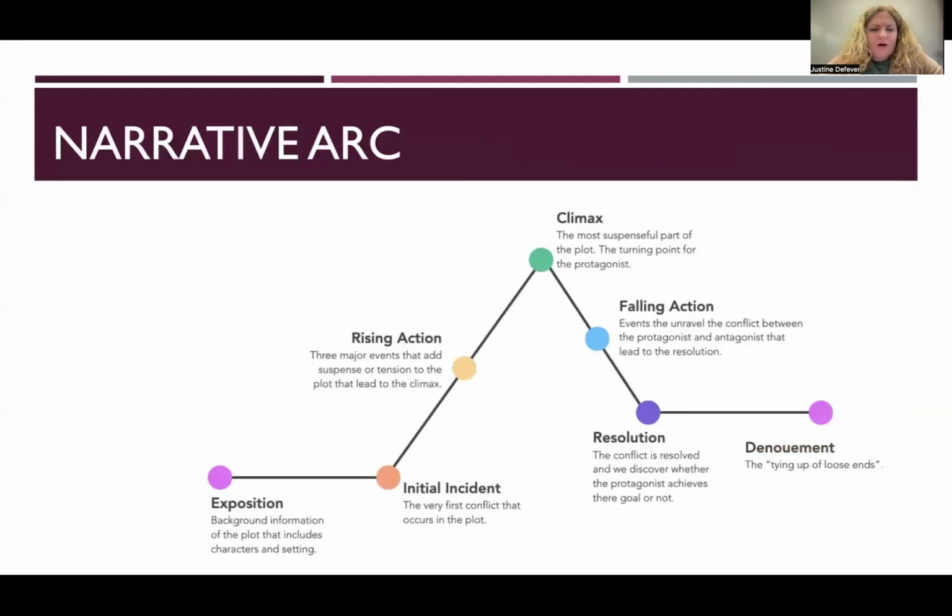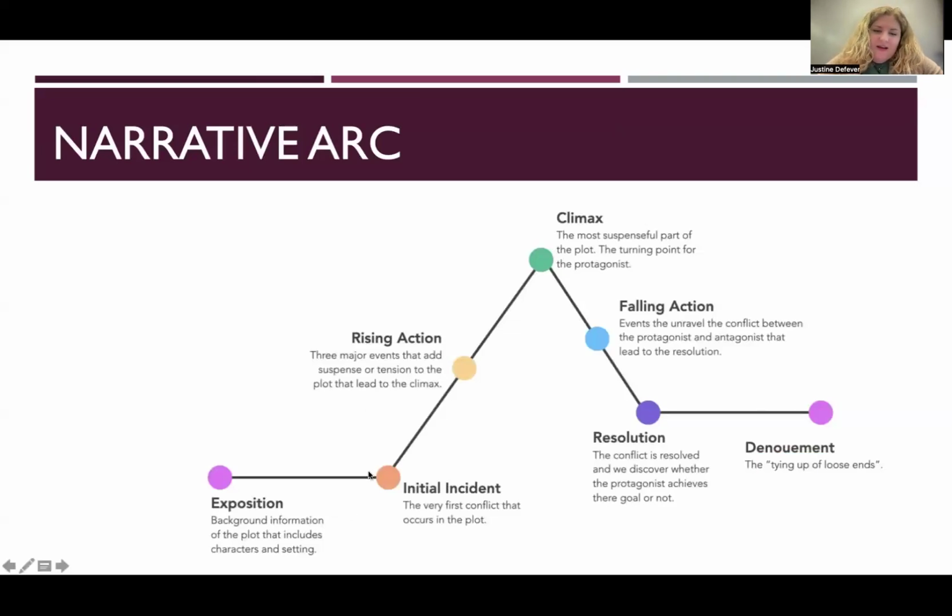I have more information here about that narrative arc specifically. Feel free to take a look here. But if we look at the exposition, the climax or central conflict, and then the resolution, those are the main sections that we should have identified already at this point in the personal narrative.